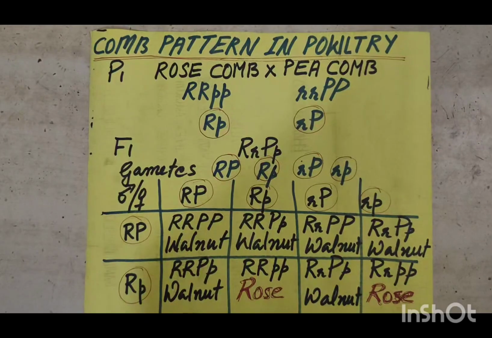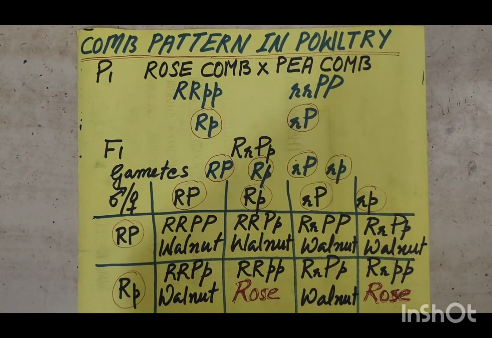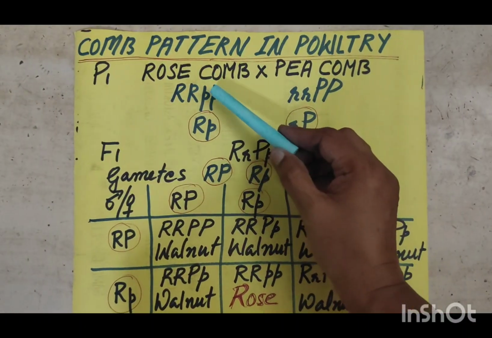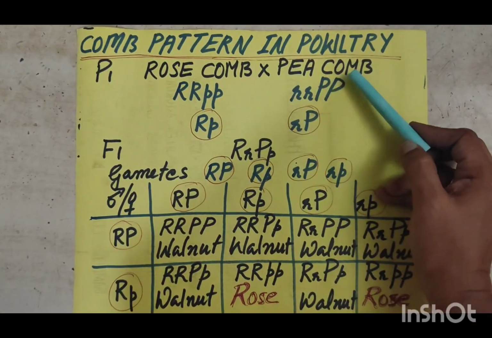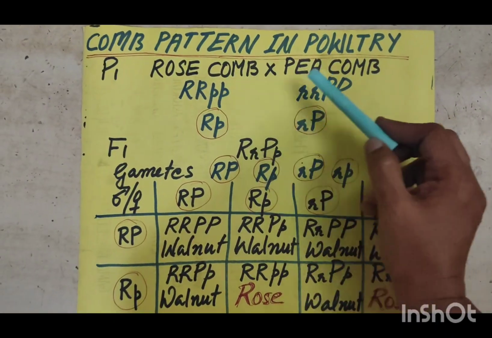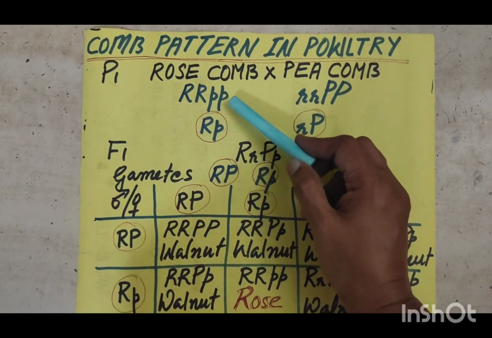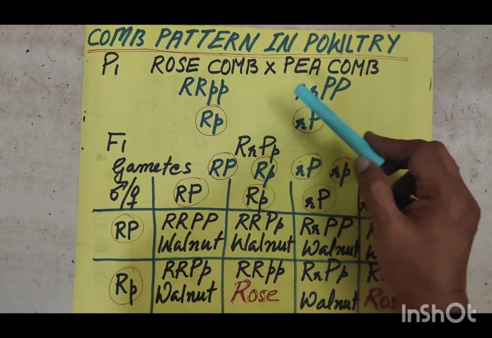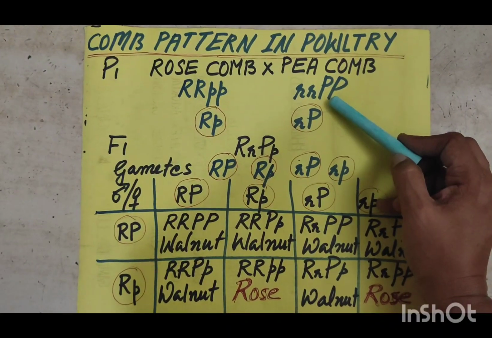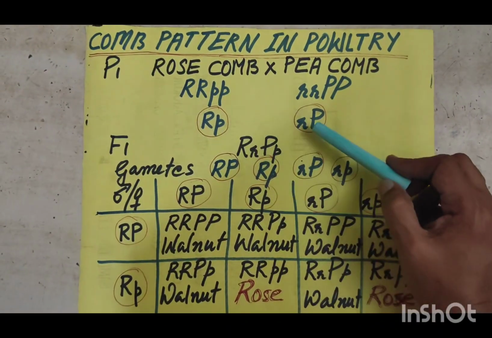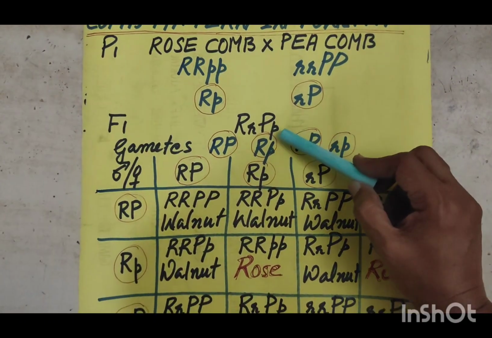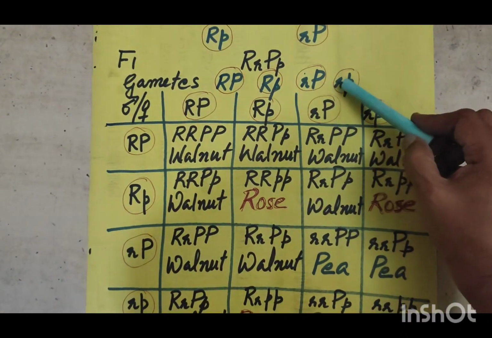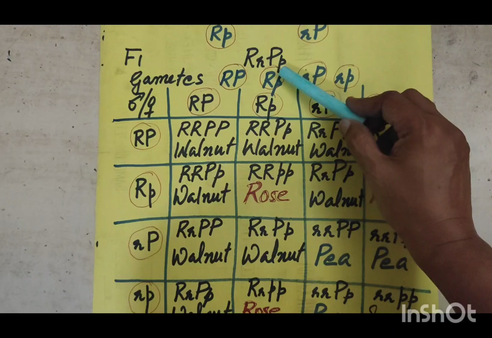Okay. So, we are talking about comb pattern in poultry or fowls. We crossed a rose comb parent with the pea comb one. Both are pure for their character. You can see the genotype of rose comb parent, capital R, small p, and that of pea comb is small r, capital P. You can see the gametes formed from both the parents, and the F1 genotype is also shown there. So, these are the different gametes which were produced from F1 organism.